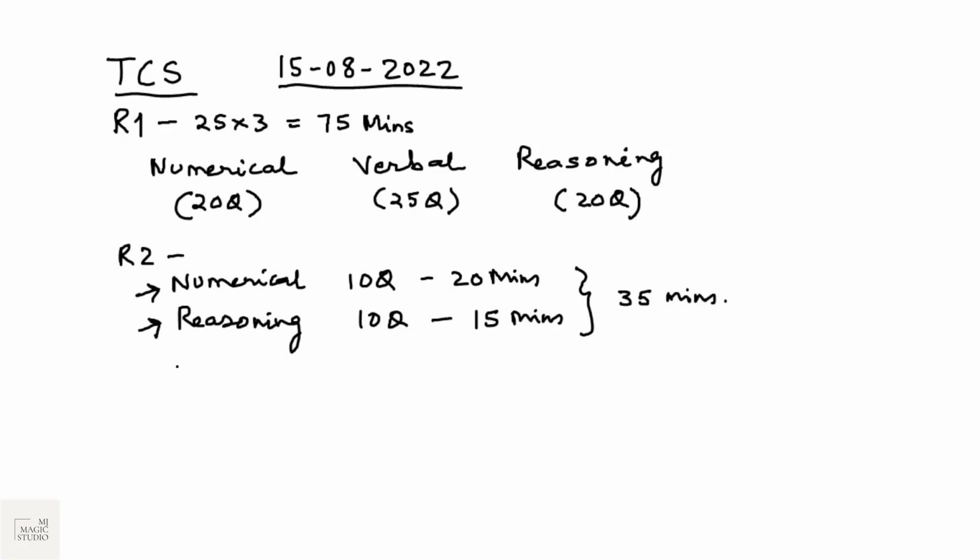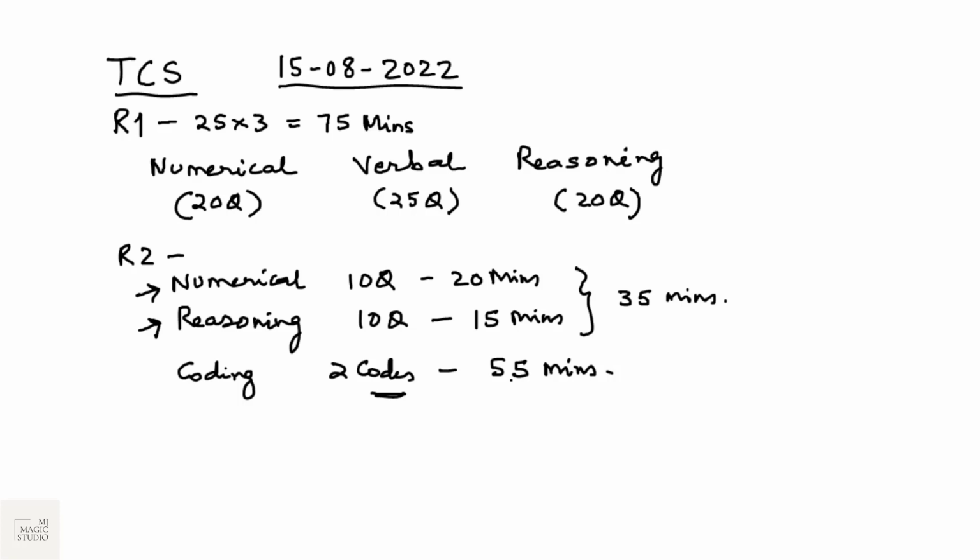After this 35 minutes is the coding round, where you need to write 2 codes for which 55 minutes would be given to you. And these 2 codes are again non-revisiting. First you write the first one, then only you can go in for the second code. So it is like 75 and 110, 165 minutes exam. 2 hours, 45 minutes at a stretch we need to write.